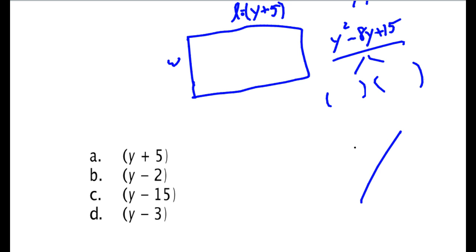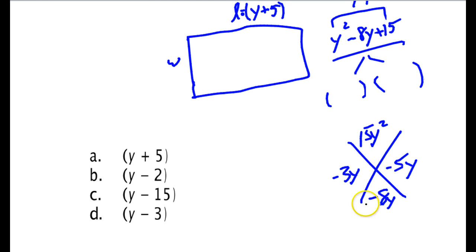So what two numbers multiply to 15y squared and add to negative 8y? And we'll see, that'd be negative 3y and negative 5y. All right, if we went ahead and did our box, we'd end up with y minus 3 and y minus 5. And going down the list, we can see, yeah.